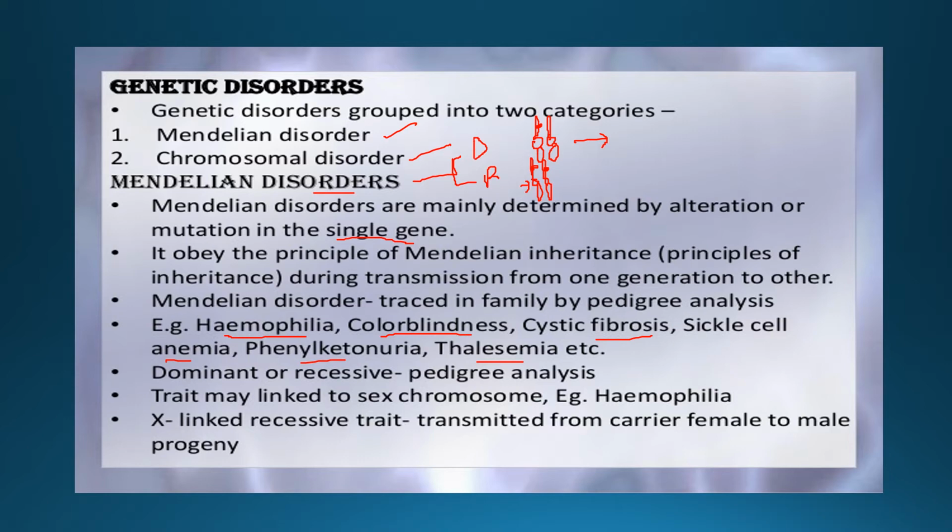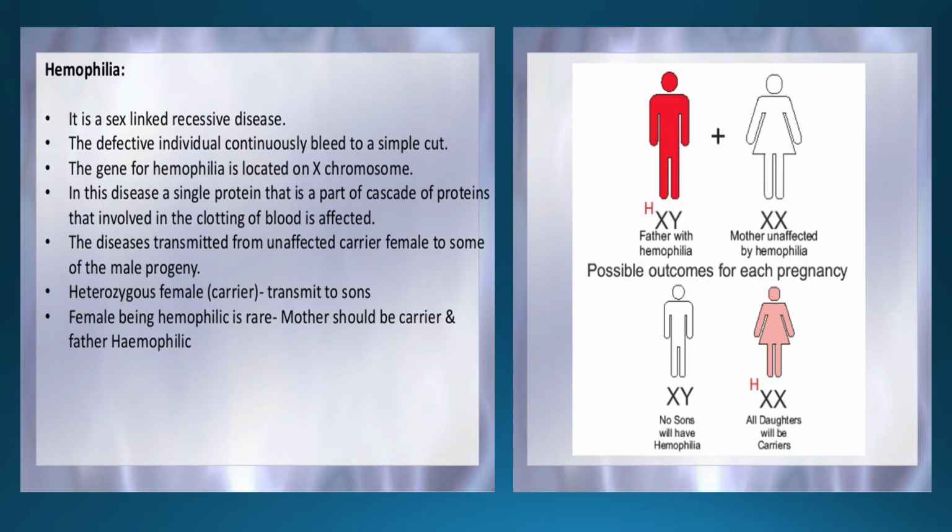Now, these Mendelian disorders are classified into four types: autosomal recessive, autosomal dominant, X-linked recessive, and X-linked dominant diseases. An example of an X-linked recessive disease is hemophilia.